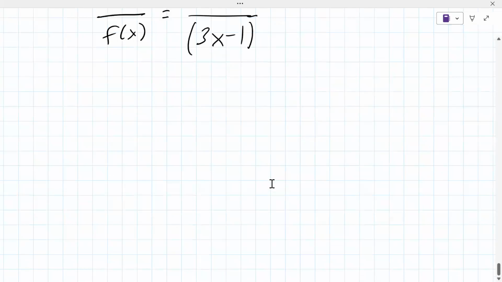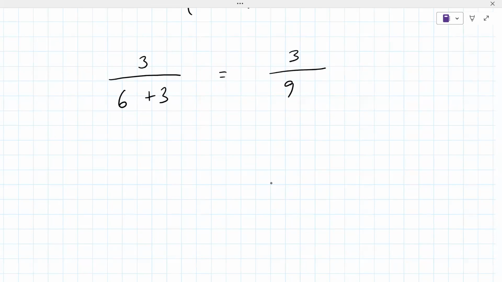Okay, that didn't make any sense to you, so let's try a different example. Let's go 3 over 6 plus 3. This is 3 over 9, or 1/3. Do you agree with that? Yeah.